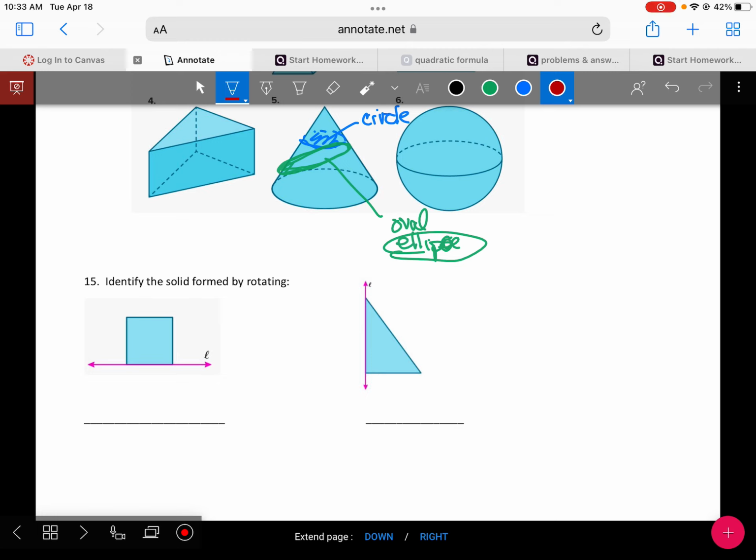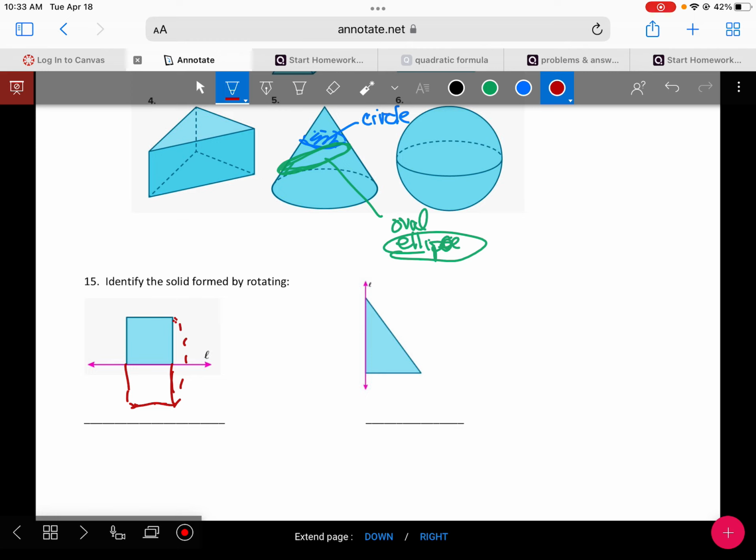If I rotate this square rectangle around that axis of symmetry, it is a cylinder.